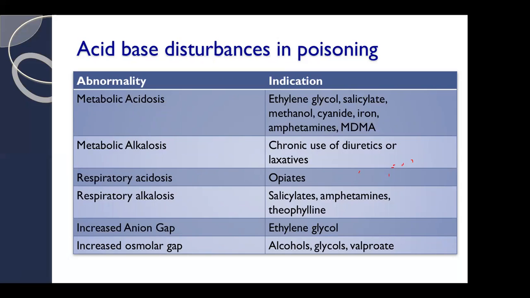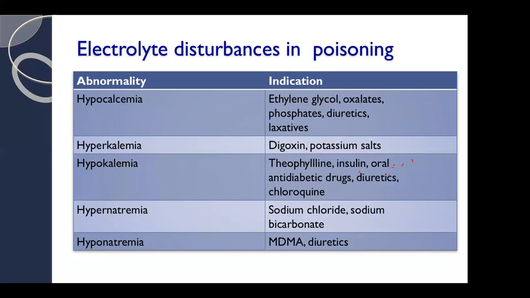But can anyone tell me, in adults there is yet another mixed disorder? What could that be? Yes, because in adults it might cause stimulation of the respiratory center, leading to wash away of carbon dioxide and hence the respiratory alkalosis. Likewise, increased anion gaps and osmolar gaps are seen in various alcohol poisonings.